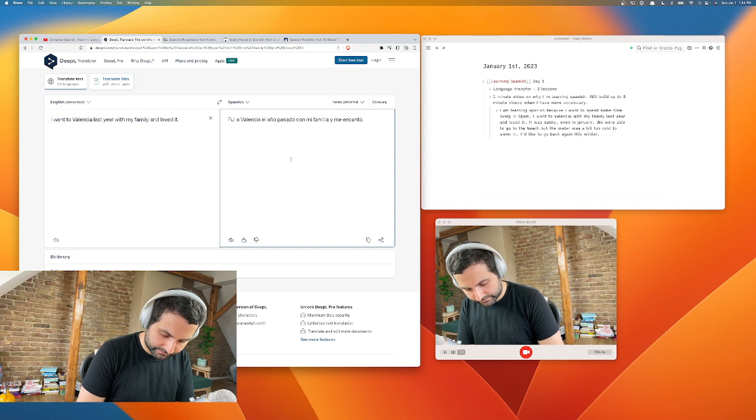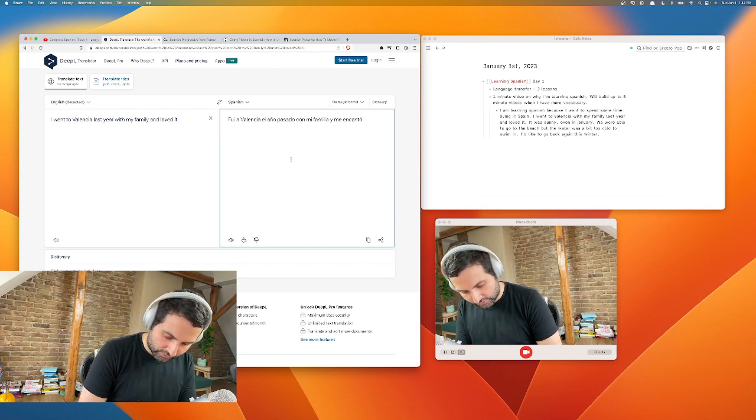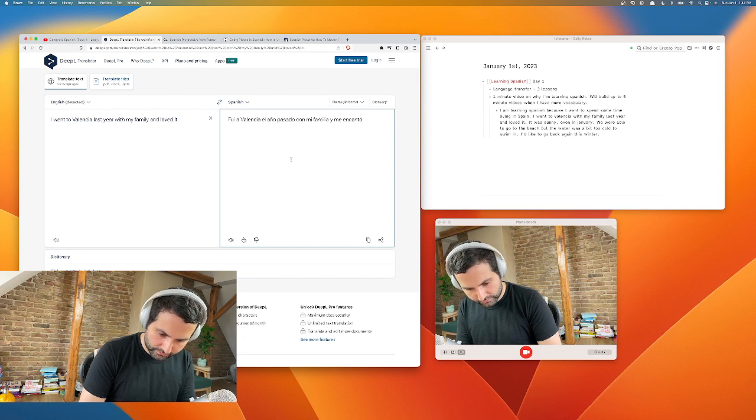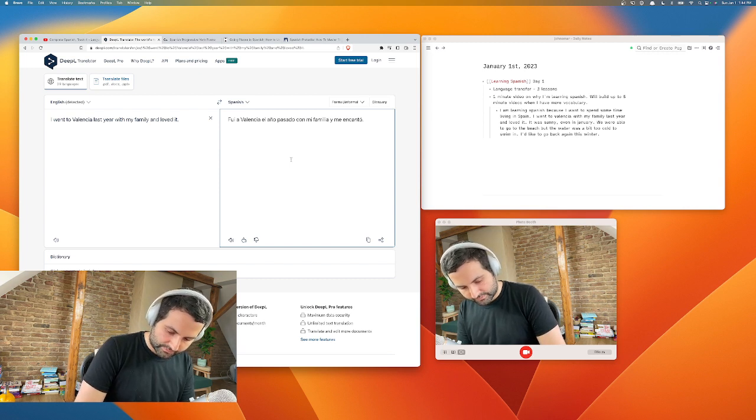Okay, so I want to just note that fui is the preterite of ir. And I also want to note estoy aprendiendo is the progressive tense.